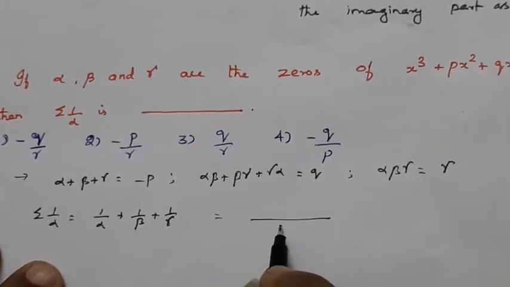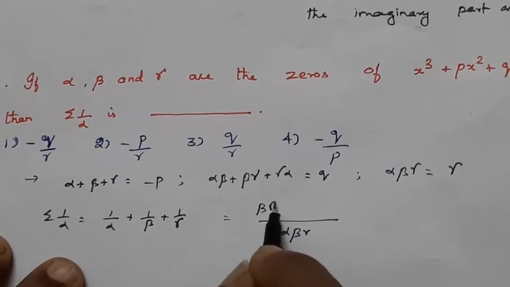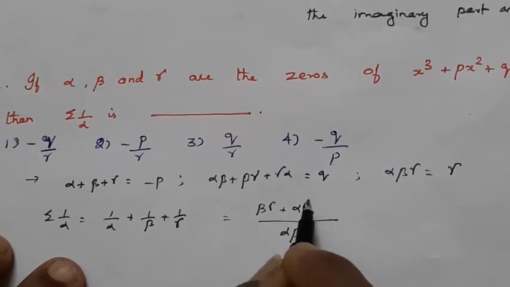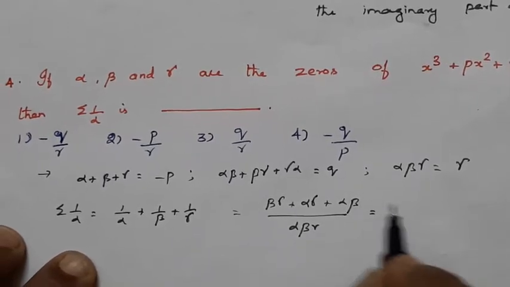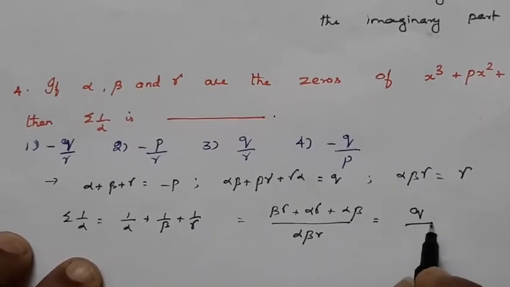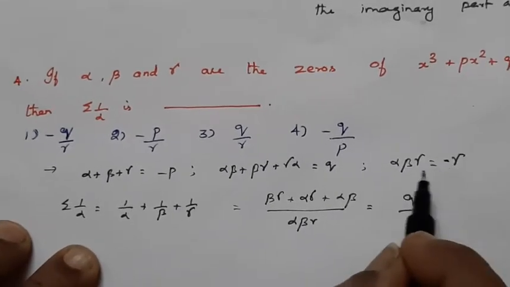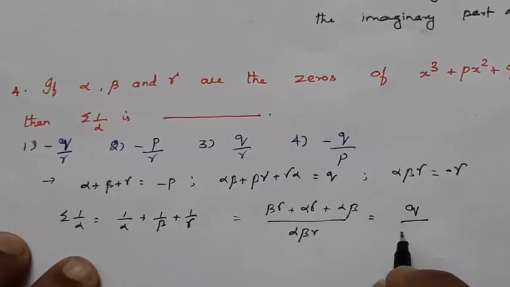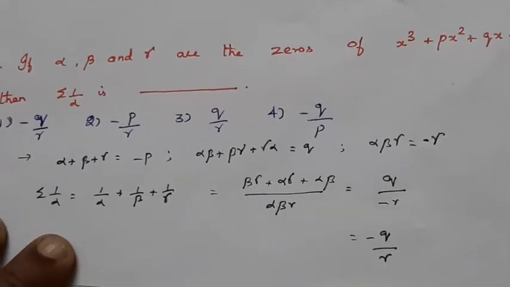By taking LCM alpha beta gamma, the numerator will become beta gamma plus alpha gamma plus alpha beta. Then just substitute the values: q divided by alpha beta gamma, which is minus r. So q divided by minus r is equal to minus q by r.